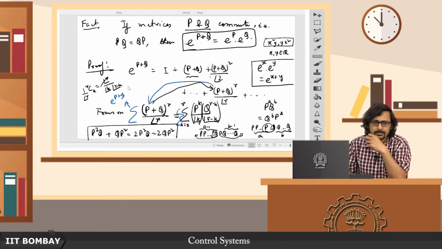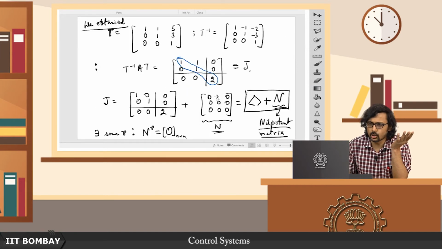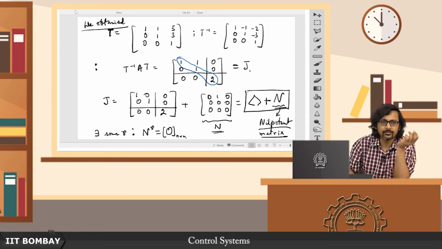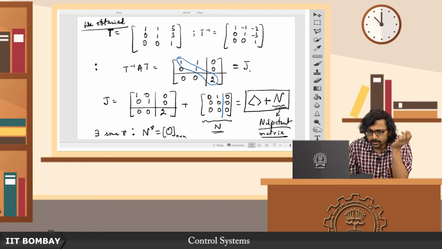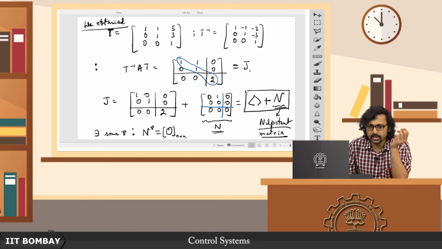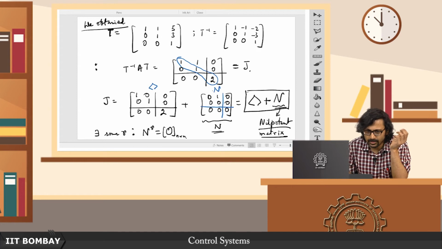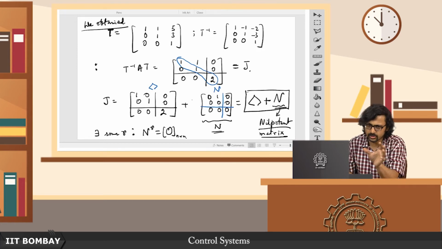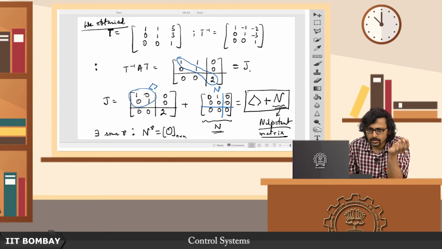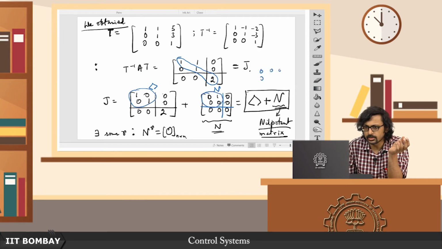You check, for instance, in this case here, it will always commute. If you write it in the block Jordan form, it will always commute, because you can partition this conformally like this. So if you multiply this J, this is the lambda and this is the N, lambda is the pre-multiplier, N is the post-multiplier. It is this block multiplying this block, then this block multiplying this block, and their sum. So this is 0, nothing new.